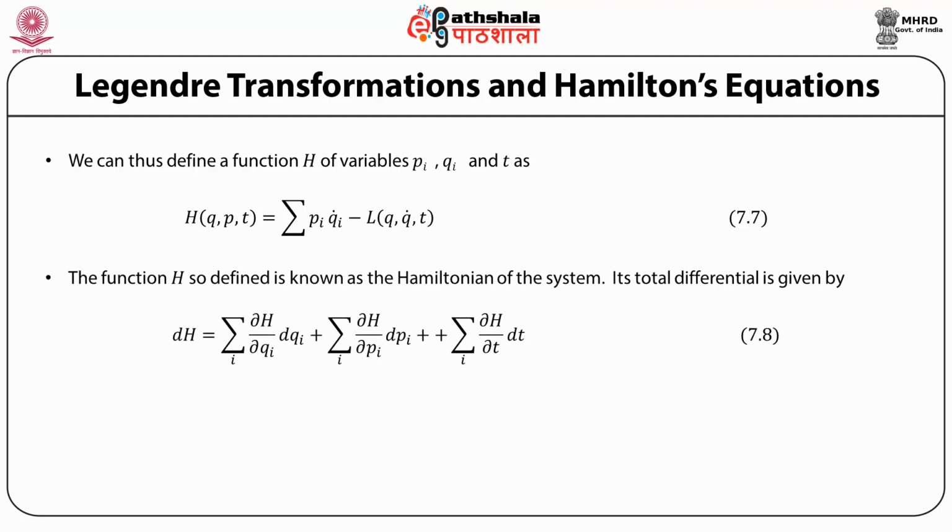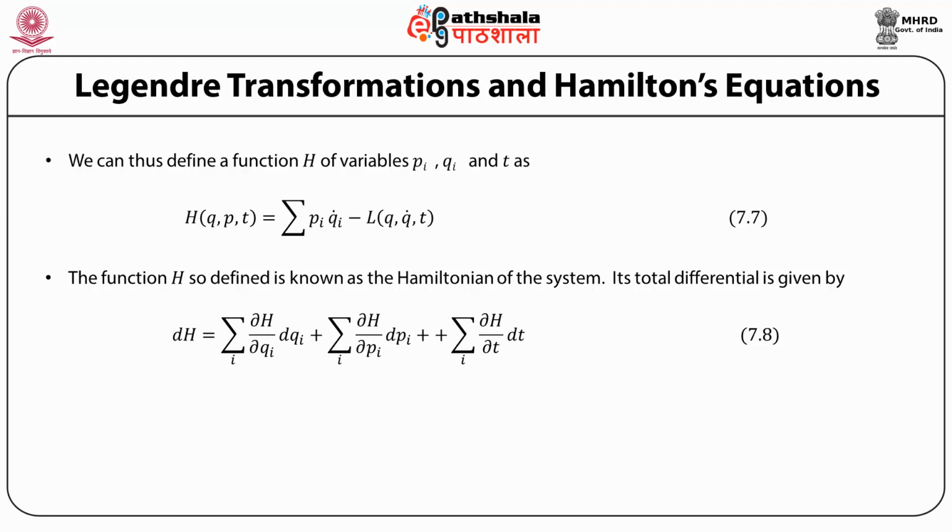Its total differential is given by dh. Now the differential of this function h is a function of q, p, and t. We have written q, p, and t for brevity, because q now stands for all the generalized coordinates q1, q2, up to qn, if there are n generalized coordinates, and p stands for all the conjugate momenta p1, p2, p3, up to pn.